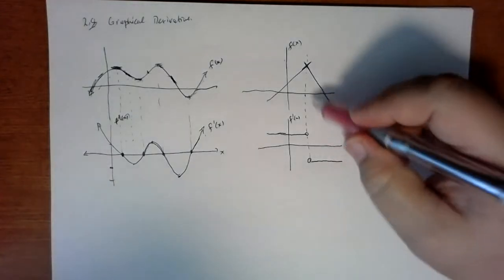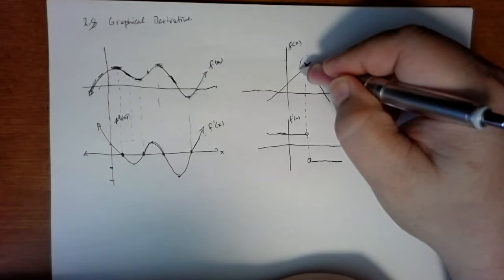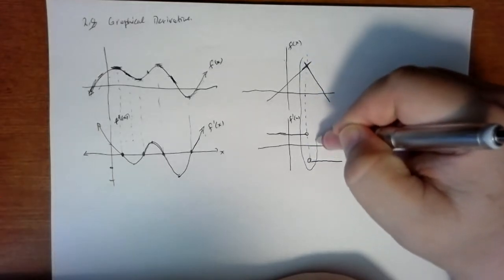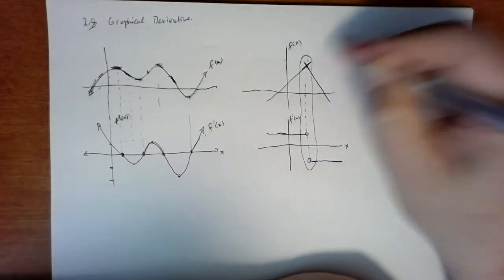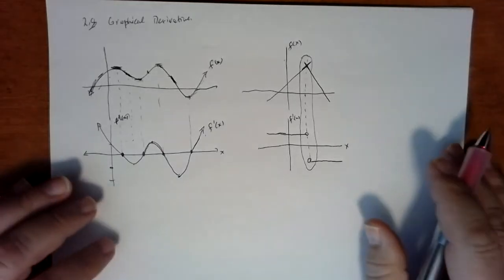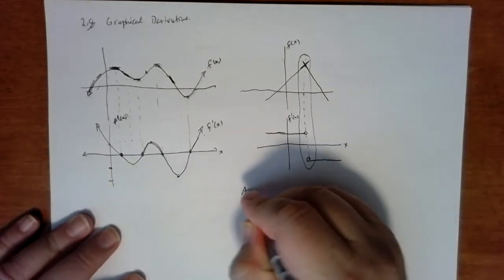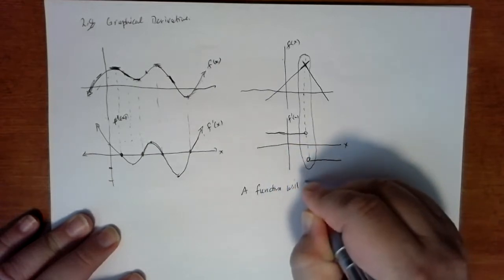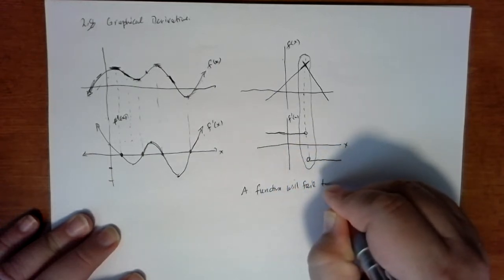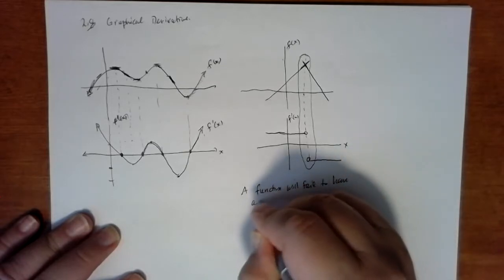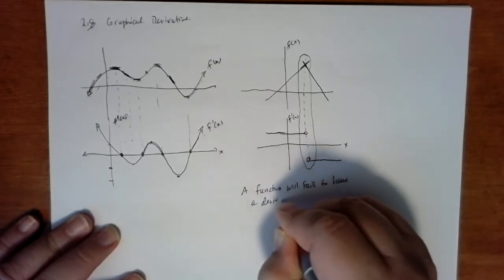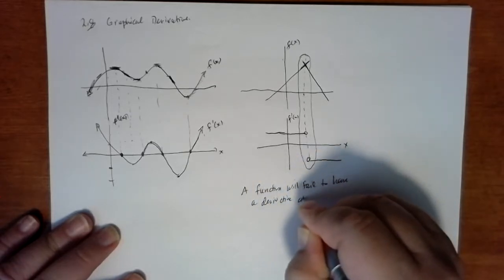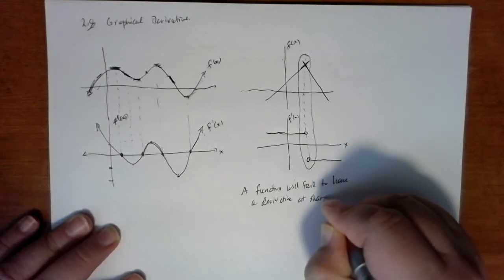In this case, the function is going to fail to have a derivative right there at that point. Let's write that down. A function will fail to have a derivative at sharp points of the graph.